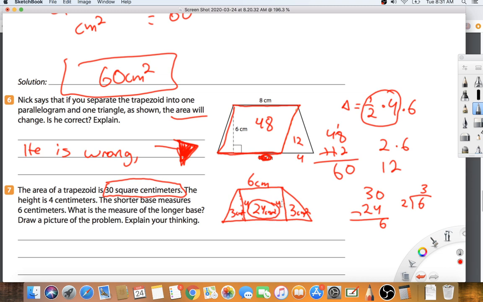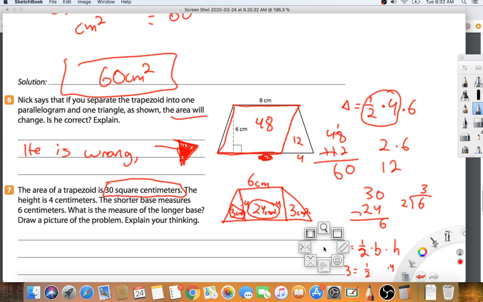Now it's asking me, how much does this base measure? Now let's use what we found about the triangle. The triangle is 3 centimeters squared for the area. So the area for the triangle is 1/2 times base times height. We know the area is 3. We don't know what the base is, but we know the height is 4.